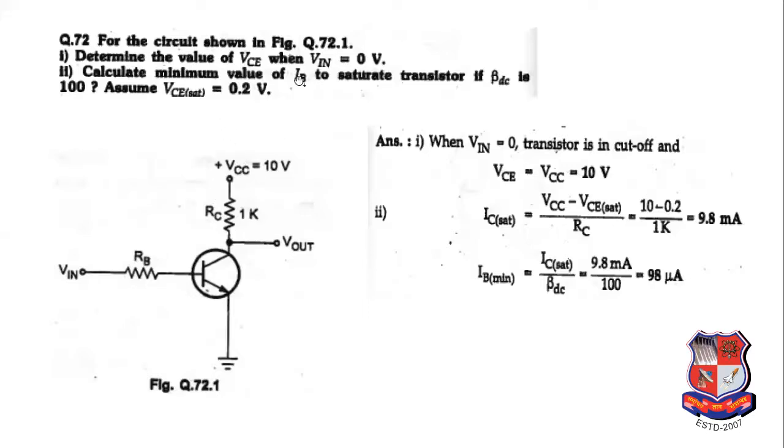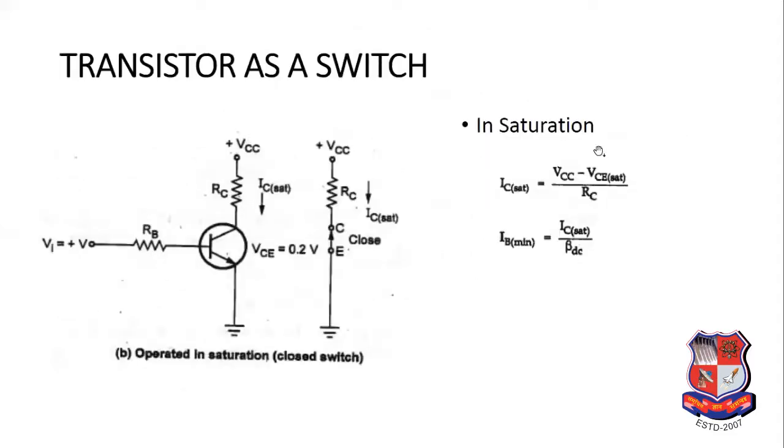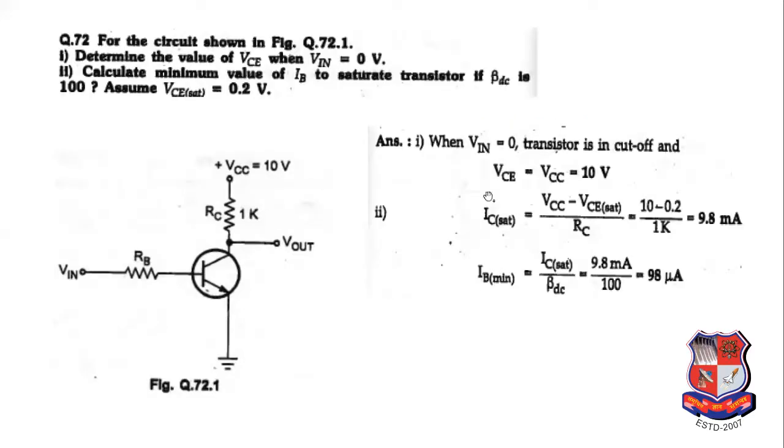And calculate the value of IB to saturate the transistor if beta DC is 100. Assume VCE saturation is equal to 0.2 volt. So using these equations we can find the values of IC and IB.